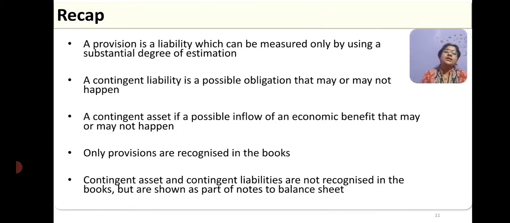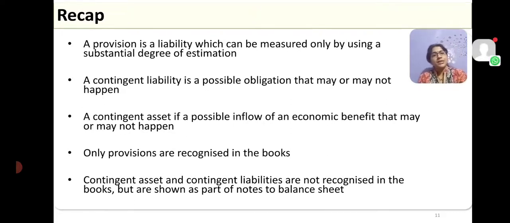A contingent liability is a possible obligation which may or may not happen, there is uncertainty, and the outcome is at a remote time. A contingent asset is a probable inflow of some economic benefit, which again may or may not happen depending on the conditions.